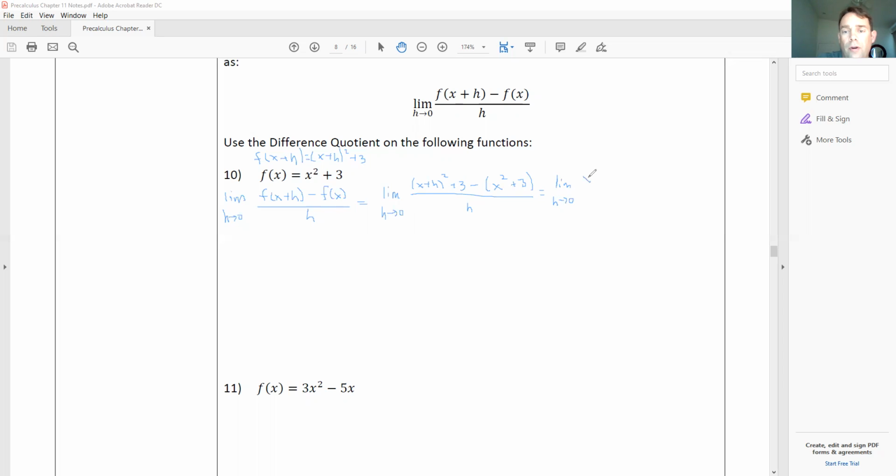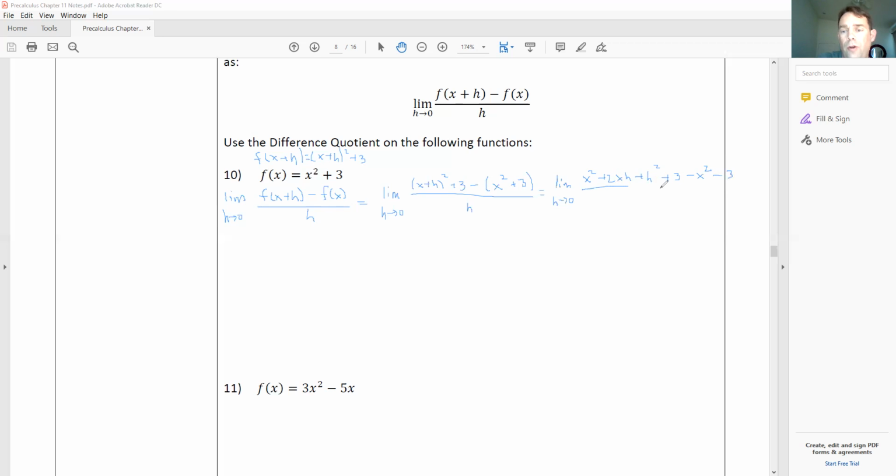We have x squared plus 2xh plus h squared plus 3 minus x squared minus 3.